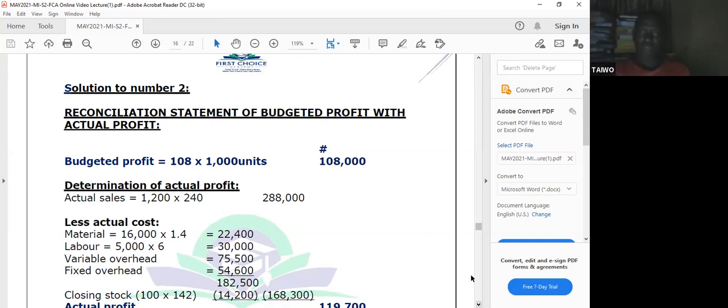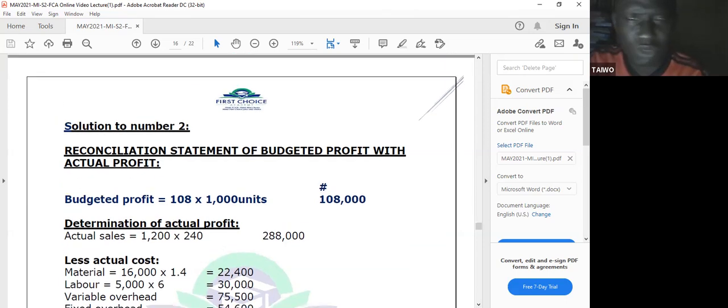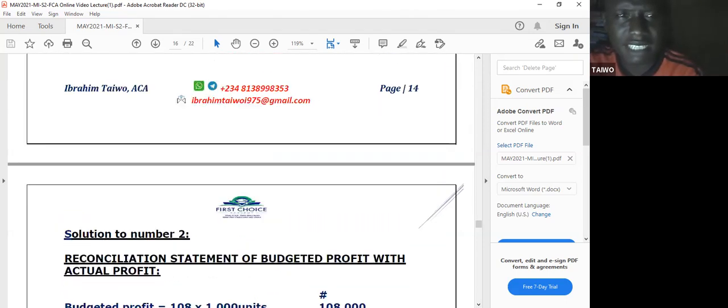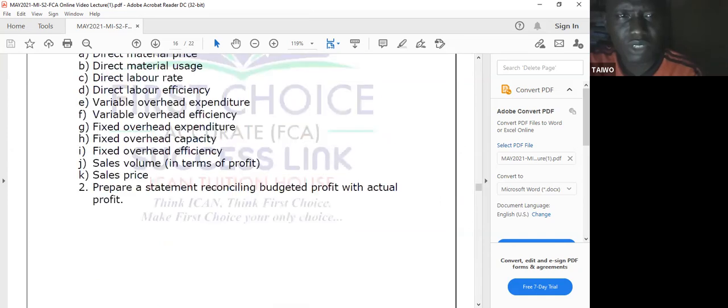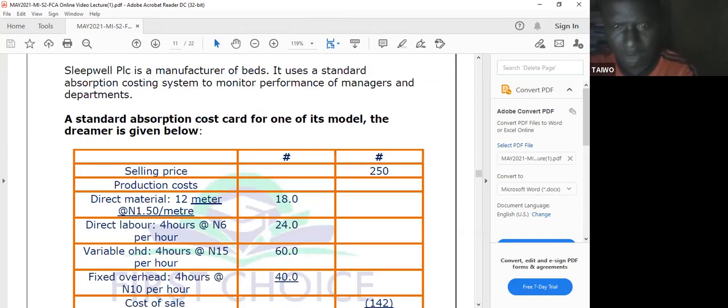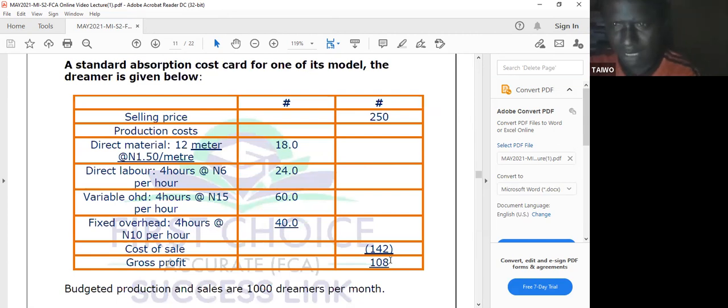Now, how much was the profit we envisaged to make? Let us first go and get it in the standard cost information. So you envisaged to make 108 naira per unit, and we budgeted to produce 1,000 units. That's 108 times 1,000.